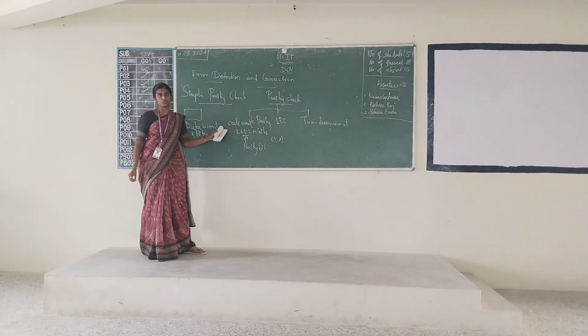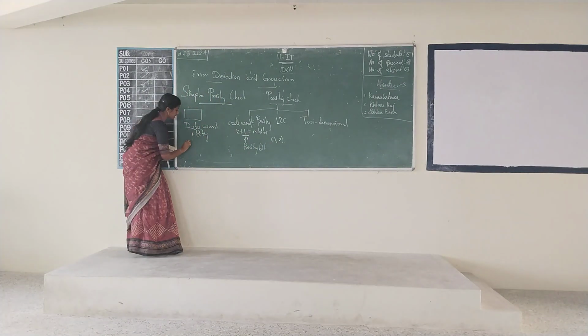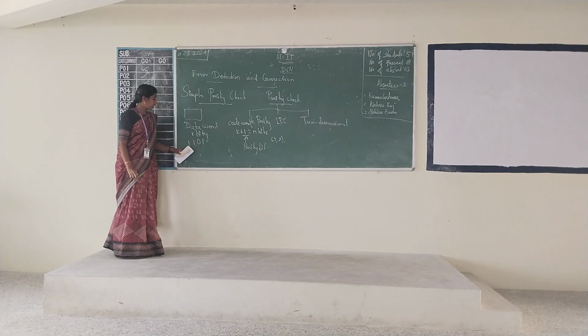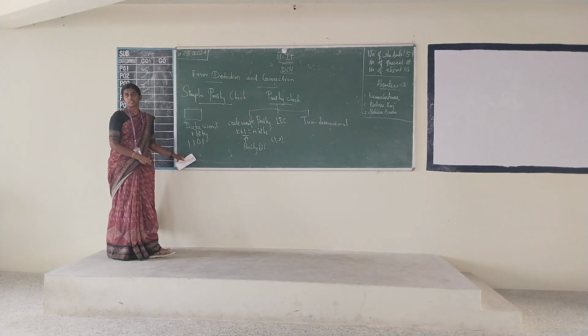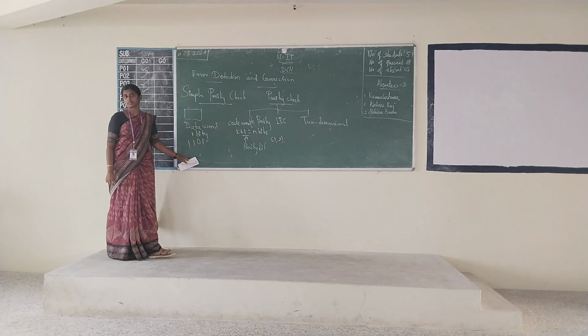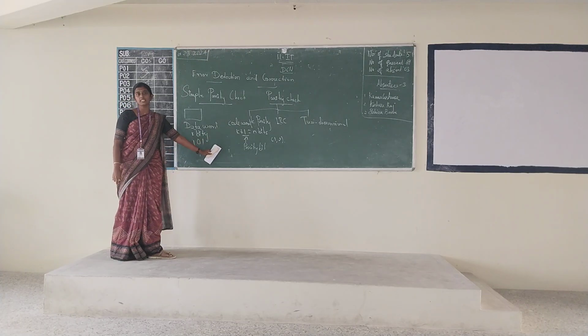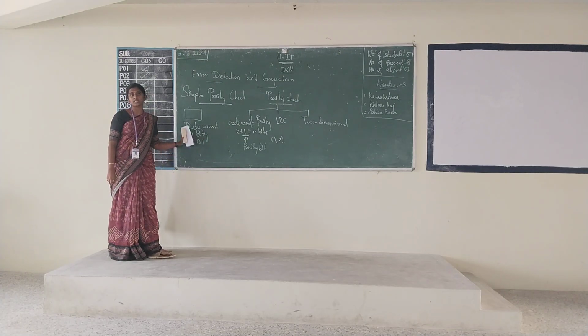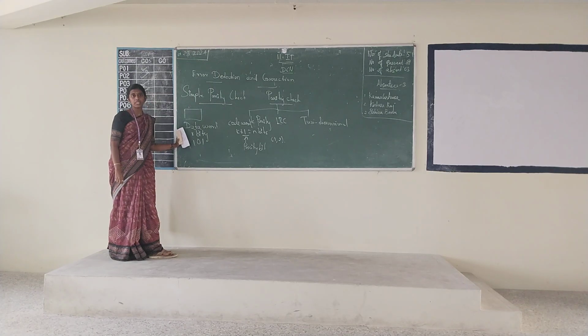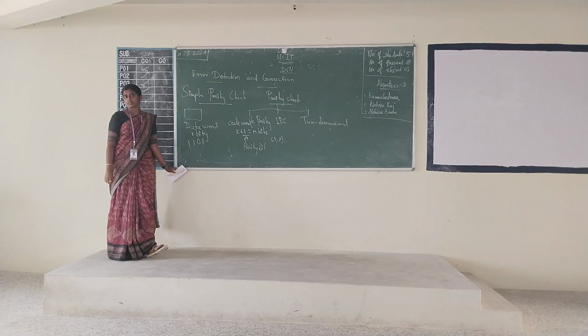The condition is, if the data word is 1101, how many 1s are there? 3. Is it odd or even? We should make the code word even. The number of 1s in the code word should be even.